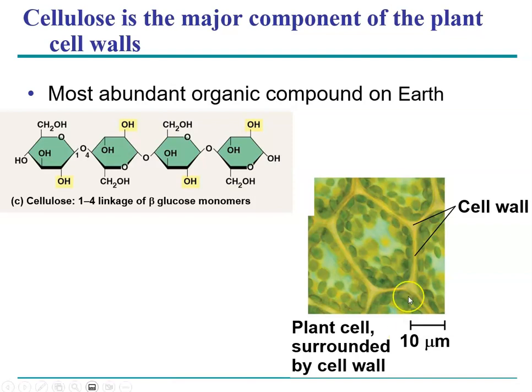Here's a close-up under a compound light microscope of plant cells, with chloroplasts, the little green dots, but I'm emphasizing here, for the purposes of this slide, the cell wall. The main component of that is cellulose. It keeps the plant cell rigid, maintains its shape, and protects it from things coming in that don't belong, or even things leaving that shouldn't be leaving the cell.